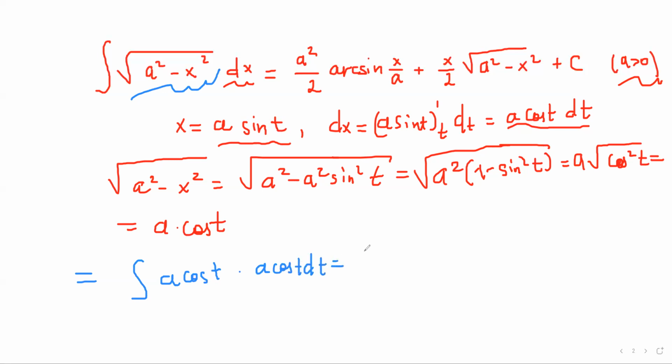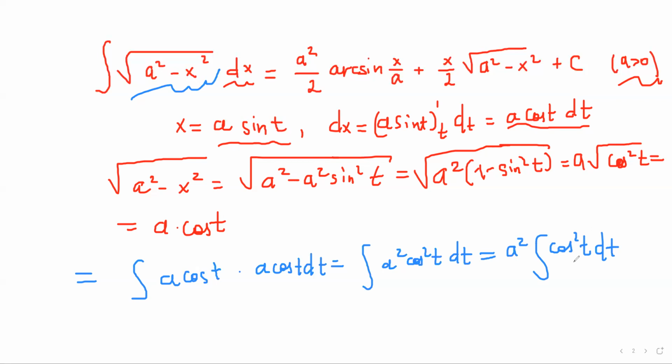So it's going to be the integral of a squared cosine squared t dt. And obviously, we have the square of cosine t here. So it's something we can integrate already. There is no problem for us. A squared times cosine squared t dt.